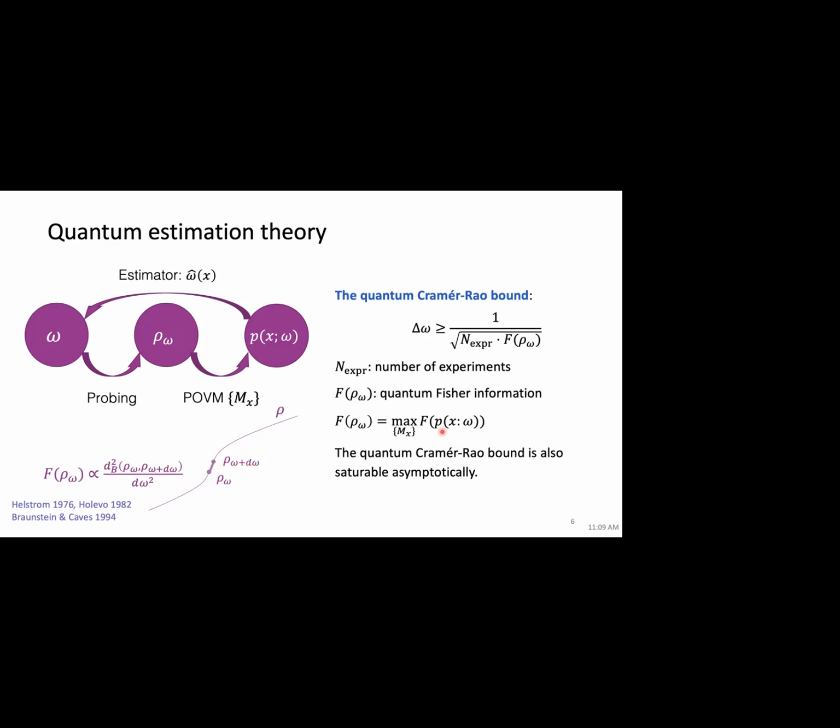More importantly, the quantum Cramér-Rao bound is also saturable asymptotically: we just pick the optimal measurement and then use the maximum likelihood estimator.